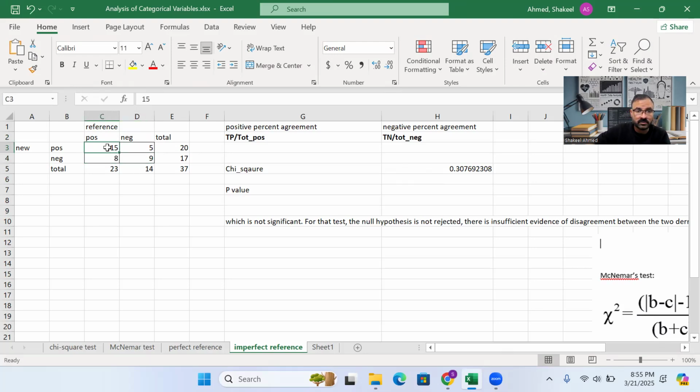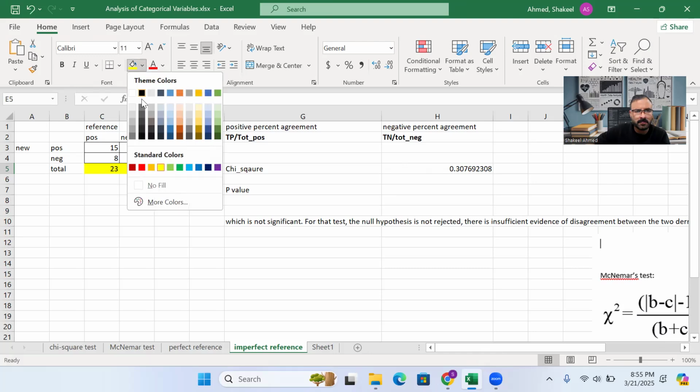For example, 15 people were tested positive for the reference test and also for the new test, and 5 people were tested positive for the reference test and tested negative for the new test, and we have other frequencies, and these are the totals. And this is the grand total.